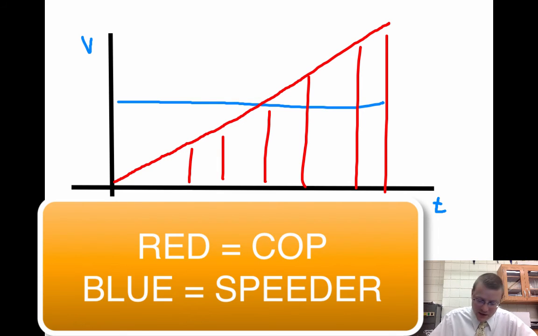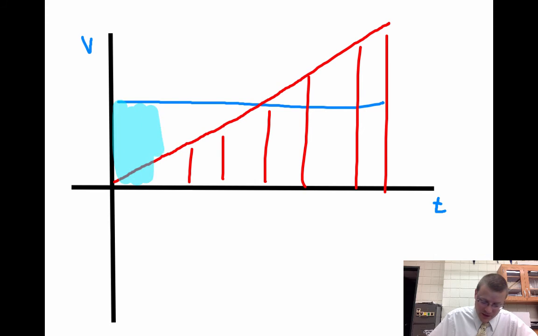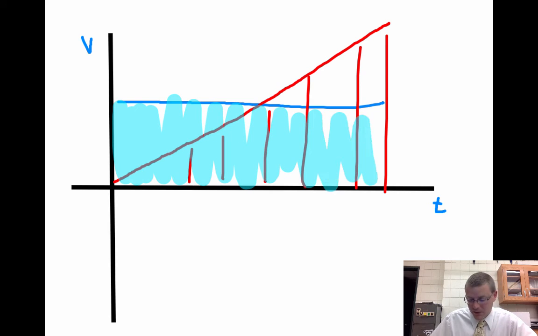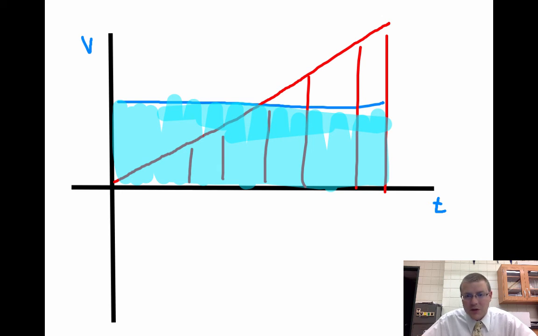And if you match that to the area for the blue line, this area down here, this area represents the distance traveled by the speeder. So the speeder traveled that rectangular distance while the cop traveled that triangular distance.